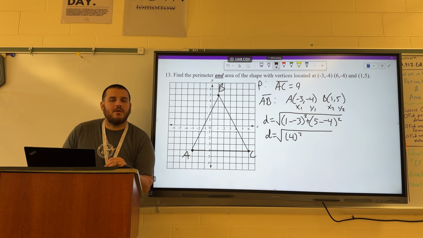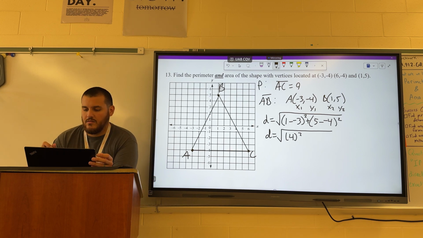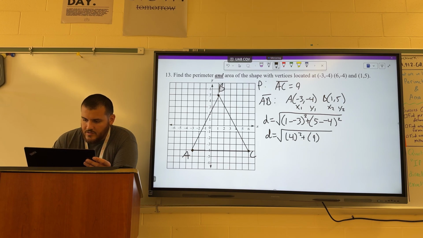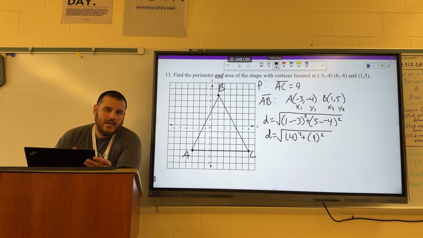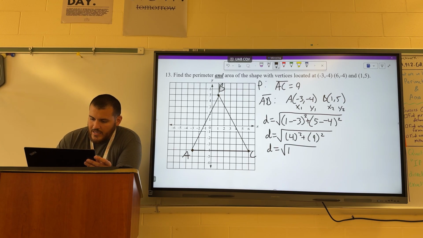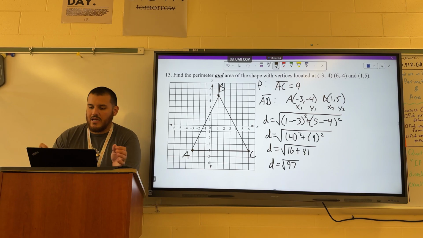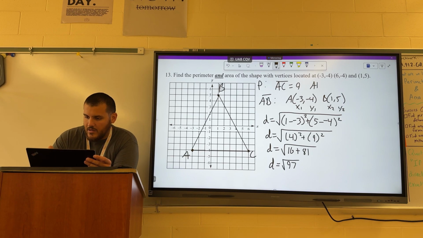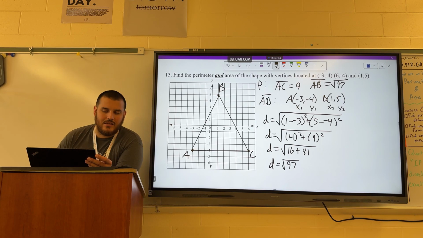Don't rely on mental math when you're adding and subtracting with negatives, right? 5 minus -4, excuse me, is +9. After parentheses, we're squaring. For 4 squared, I get 16. 9 squared, I get 81. Those get added together, and I get the square root of 97 for side AB. I'm gonna go ahead and write that up here so I can keep track of it. AB, square root of 97.